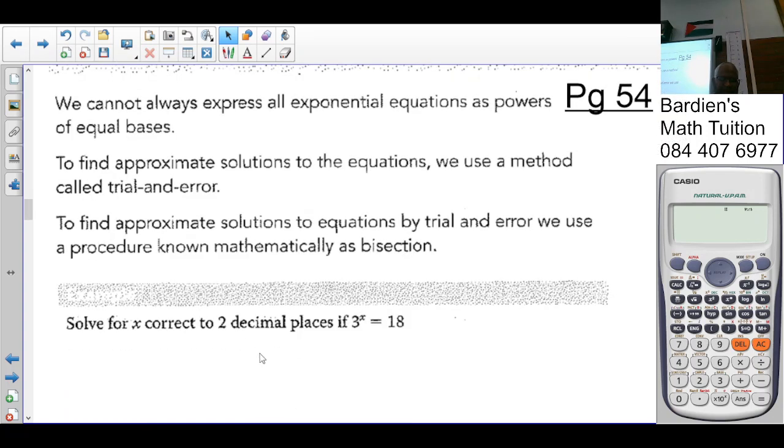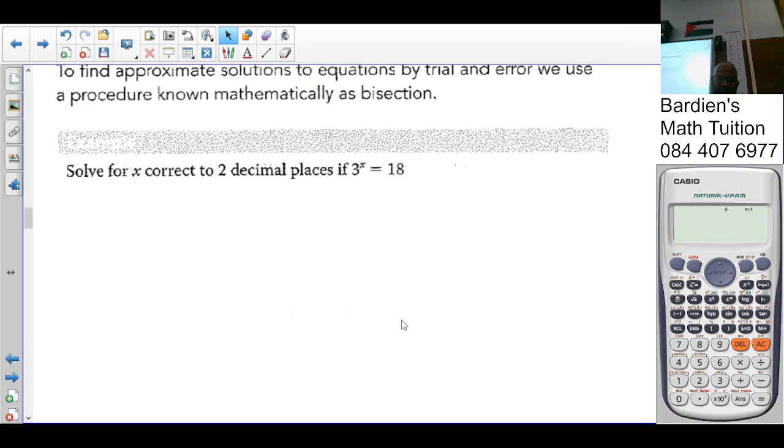So we're looking at the example on page 54. The question says solve for x correct to 2 decimal places.